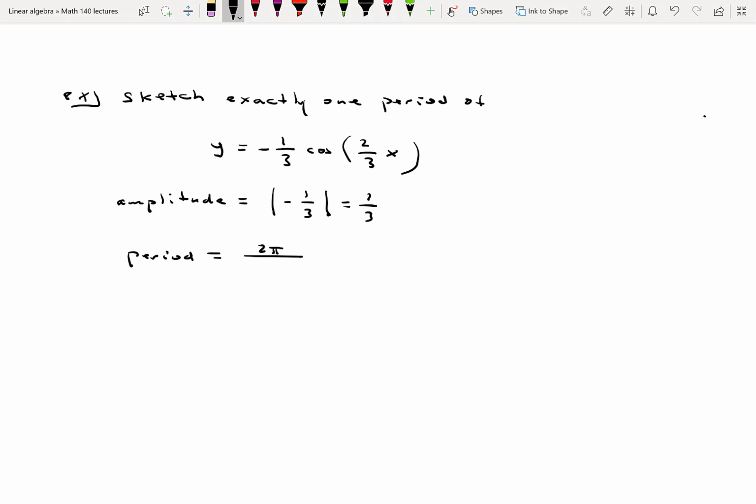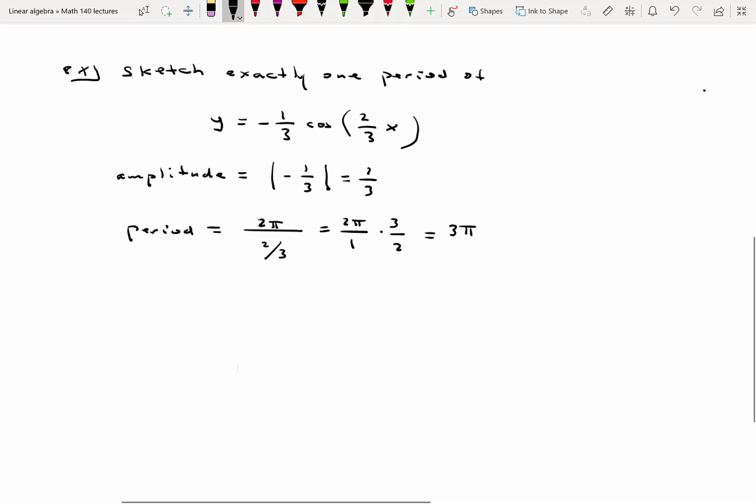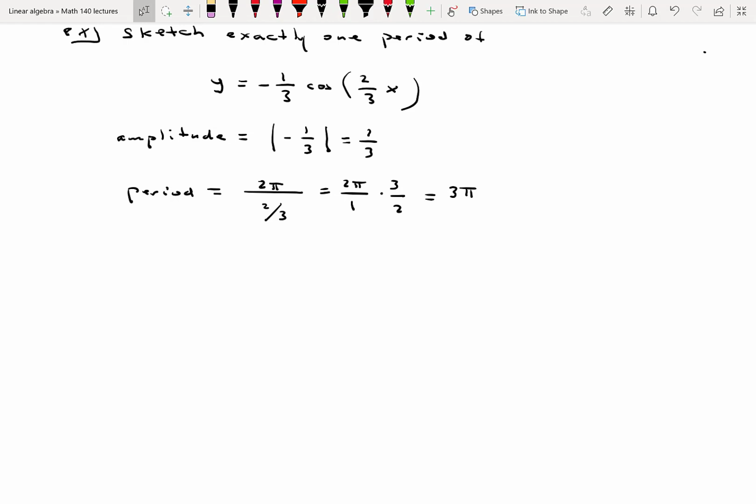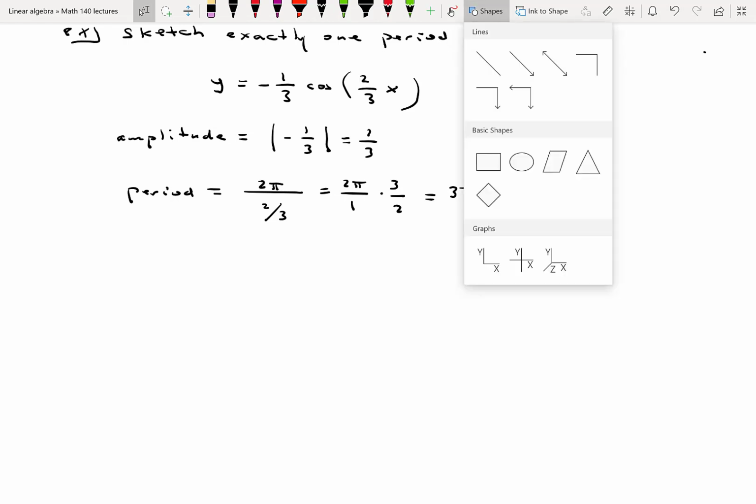Omega is the coefficient of x within the trig function, so it's 2 pi over 2/3, or 2 pi over 1 times, and then we invert and multiply by 3/2, and this gives us 3 pi. Okay, and here's the graph of the function. Here's our way to getting the graph.